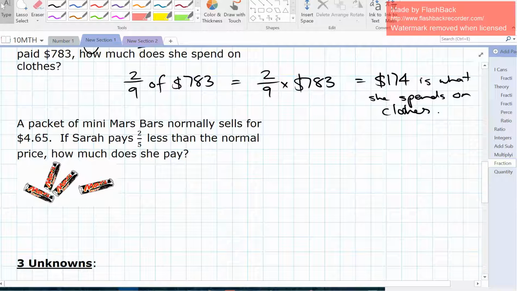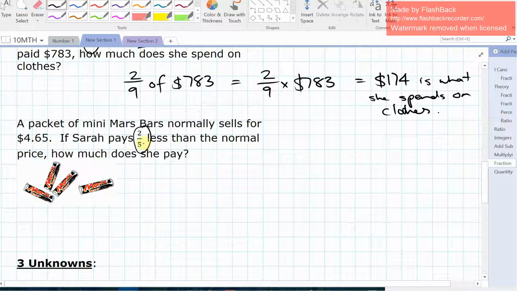A packet of mini Mars bars normally sells for $4.65. If Sarah pays 2/5 less than the normal price, how much does she pay? So there are like two steps for this problem. We do need to find what 2/5 of $4.65 is. She pays 2/5 less than $4.65.